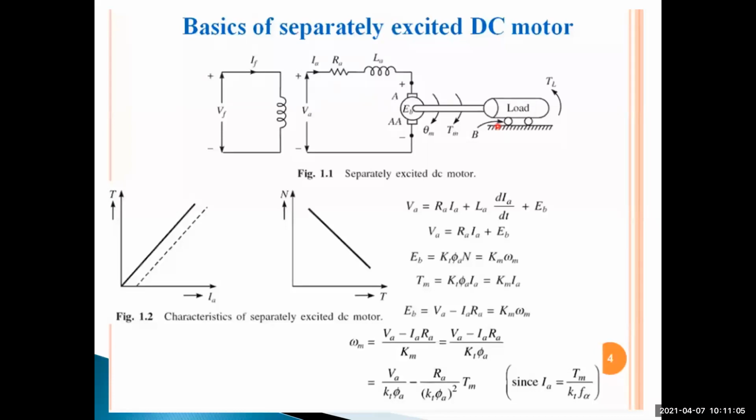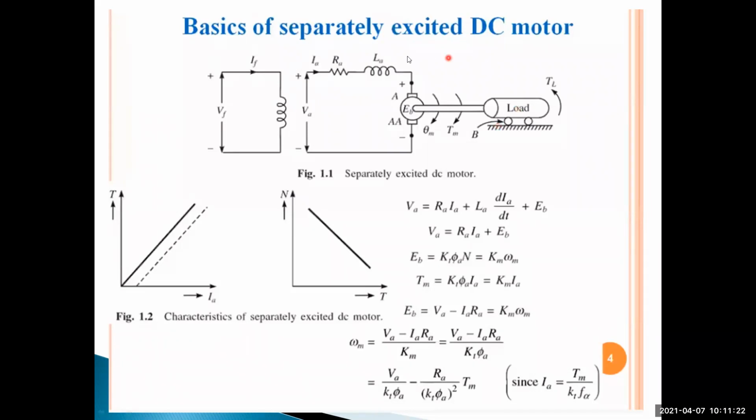These four concepts, and related problems, we have to discuss in the first unit. That is our first unit.